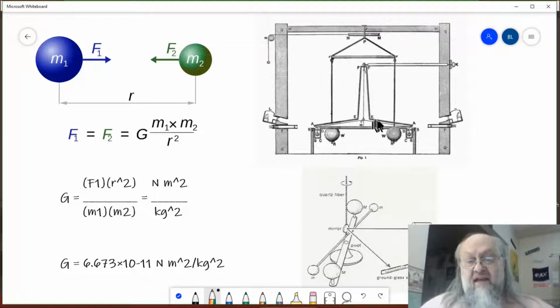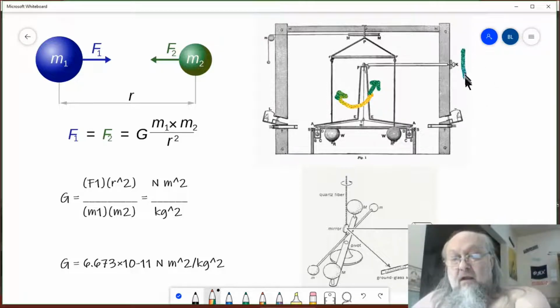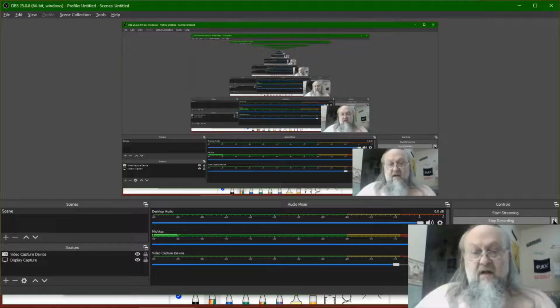And I think that tips this back and forth, which also moves this up and down. And they'd put a ruler here and they would measure it there, the attraction between the two, how much it moved them. So that worked for hundreds of years.